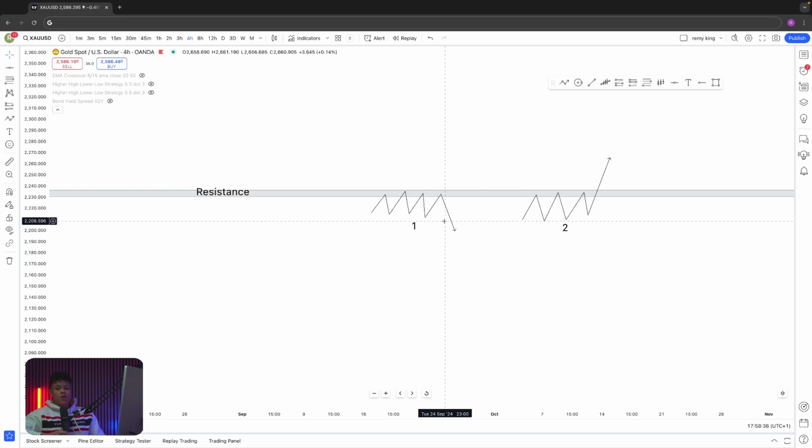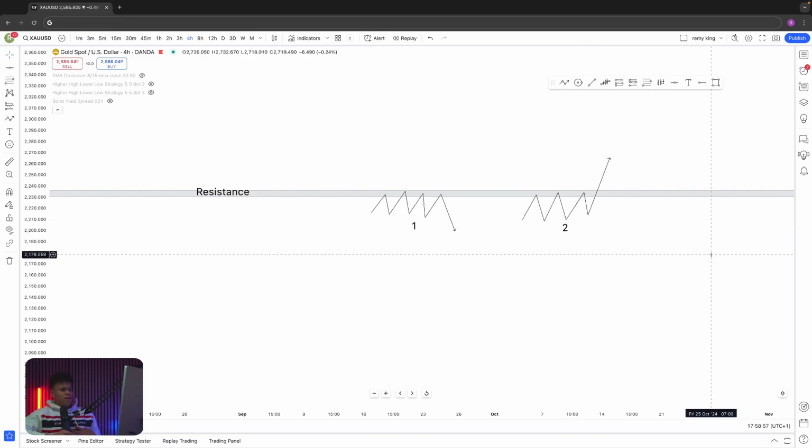So number 1, price is showing multiple rejections off of the resistance zone. Price cannot break through that area. On our second example, price is showing rejections off of that resistance area, but unfortunately breaks through.